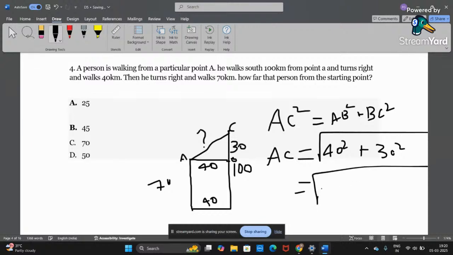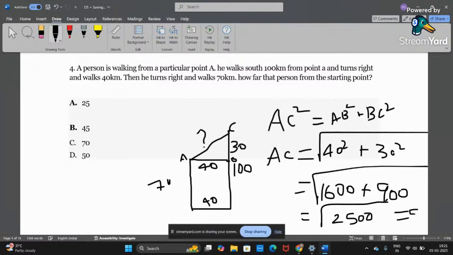It is 1600, right? 4 square is 16, so 40 square means 1600. What is 30 square? 3 square is 9, so 30 square means 900. So if we add this, we'll get 2500, right? What is root 2500? It is 50. So 50 will be your answer.